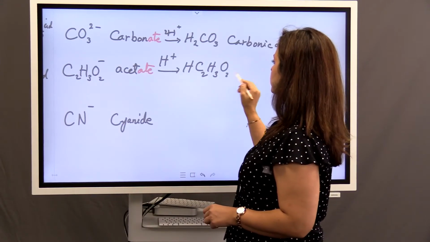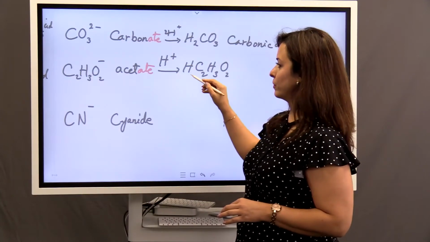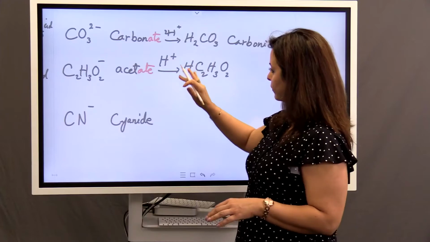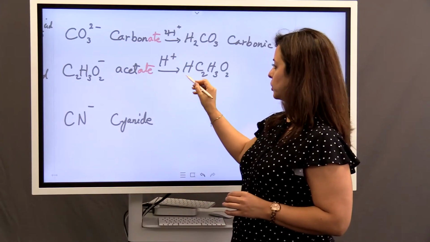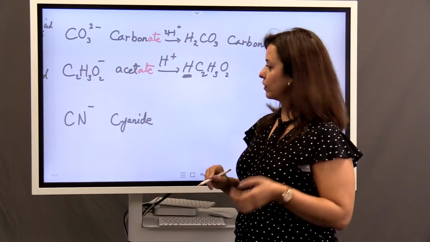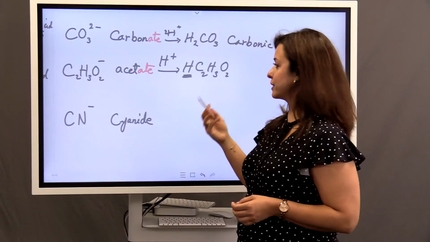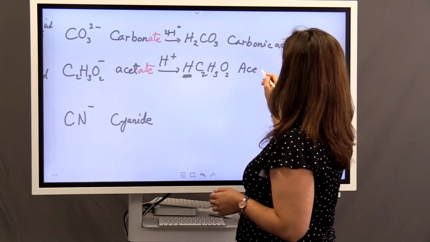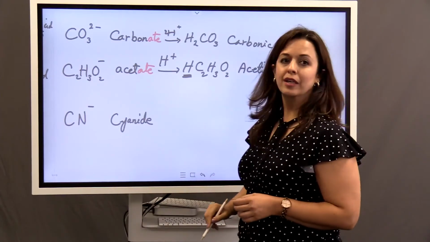I told you, this is an organic acid, so don't worry about learning the names, and don't worry about the fact that we have a total of 4 hydrogens. Why do you separate one of them? Just to tell you, before you go to the higher levels of chemistry, that this hydrogen is considered our acidic hydrogen. So this is just called acetic acid, the acid in vinegar that we can drink.